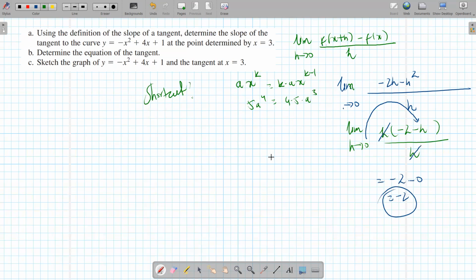Okay? Let's look at our function here. We have f of x or y, that's equals to negative x squared plus 4x plus 1. And for the one, it doesn't really have an x element. You can arbitrarily call it x to the power of 0 because that's still a 1.